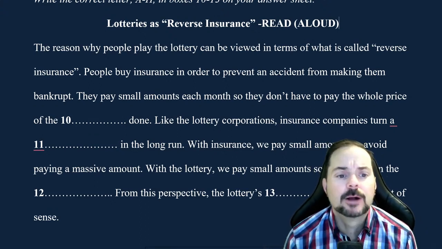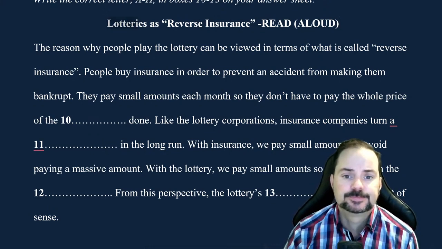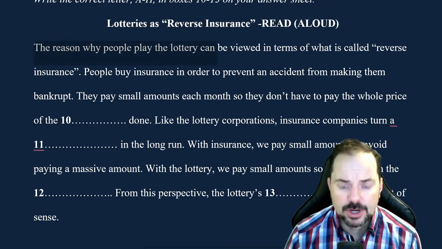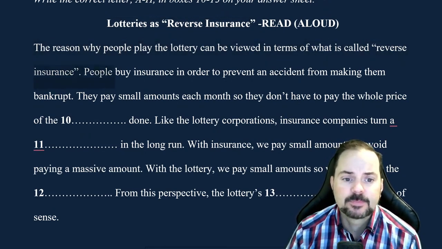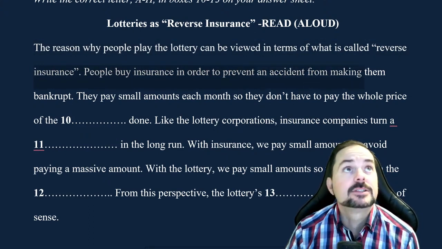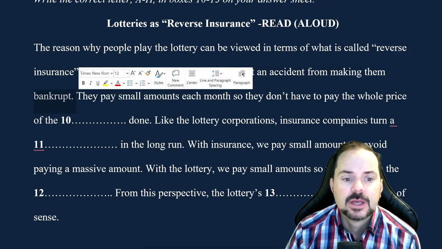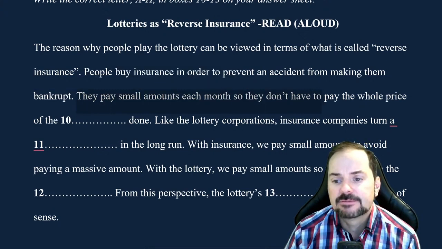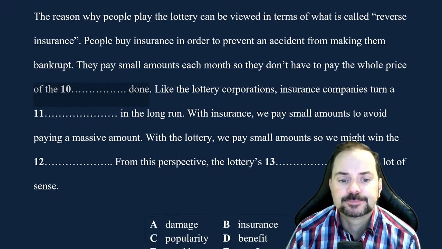Here we go. Lotteries as reverse insurance. The reason why people play the lottery can be viewed in terms of what is called reverse insurance. People buy insurance in order to prevent an accident from making them bankrupt. They pay small amounts each month so they don't have to pay the whole price of the something done.